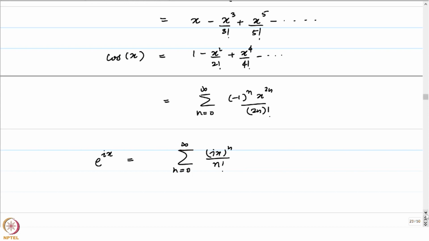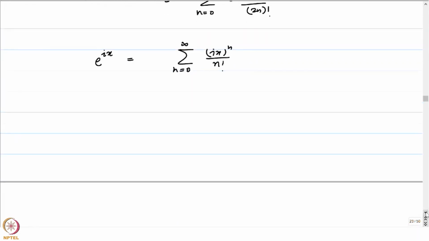Because this series is convergent unconditionally, if you write down the explicit form and gather the terms, you would see that this is equal to cos of x plus i times sine of x, for x in R. This is precisely the collection of points on the unit circle that we had described in the previous lecture.